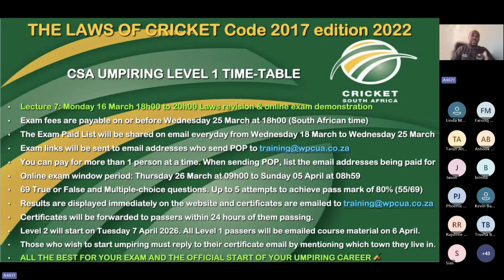Which town or city, which state or province, which country you are, so that if you want to start umpiring, let me know where you are based, and I will, while the exam window period is still on, through my contacts, try and get a contact person and contact details of the Umpires Association closest to you.